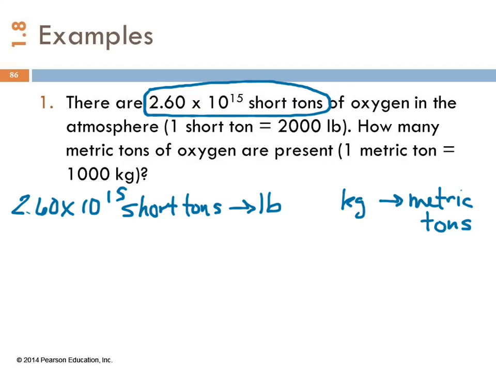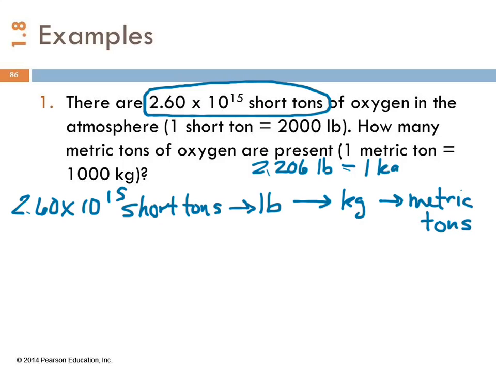Is there a convenient relationship between pounds and kilograms? There is. You may have to look it up, but there is one. For each of these steps, we need to know the relationship between those units. So I think this relationship is 2.206 pounds is equal to 1 kilogram.